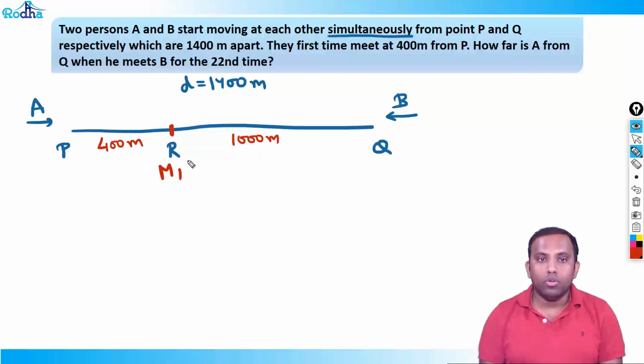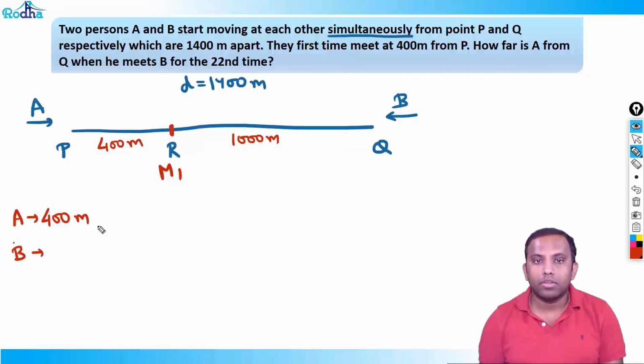Correct. So distance traveled by A and distance traveled by B are in the same time, right? In the time A has traveled 400 meters, in the same time B has traveled 1000 meters.